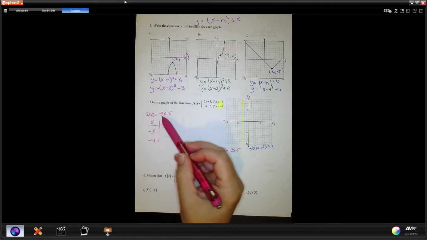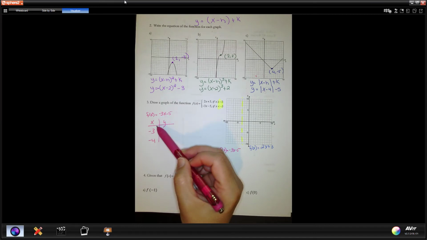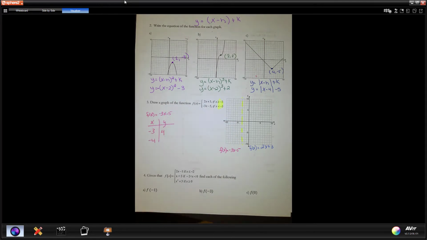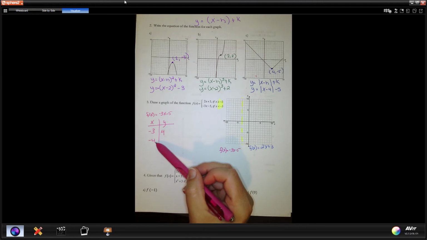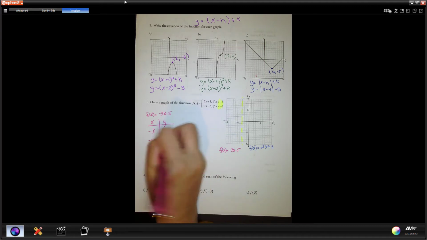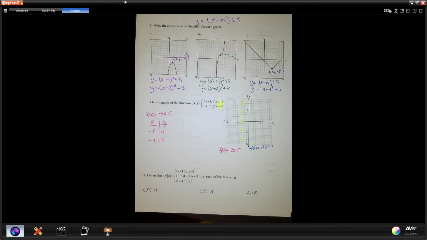So what is -3 times -3, so 9, minus 5. That is 4. Gonna go ahead and plug in negative 4. Negative 3 times negative 4 is 12. Minus 5 is 7.